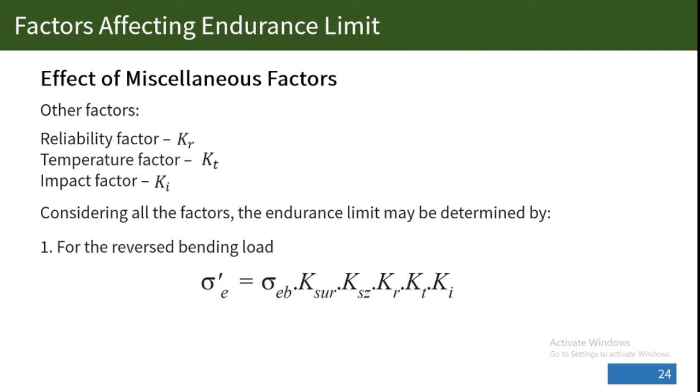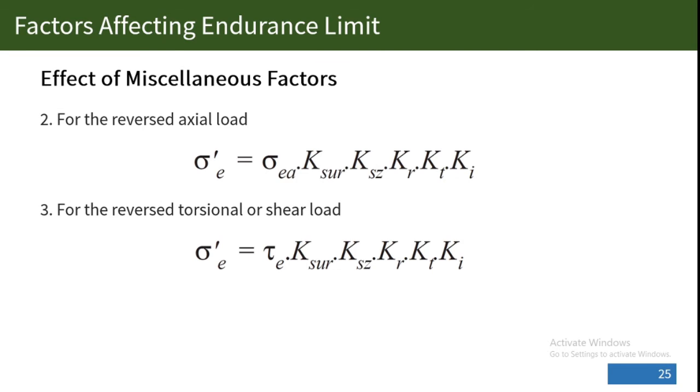So we can see here that we have just multiplied these three factors. The same goes with the other types of loading. Say for the reversed axial load, where we obtain the expression for getting the endurance limit, or sigma E prime.